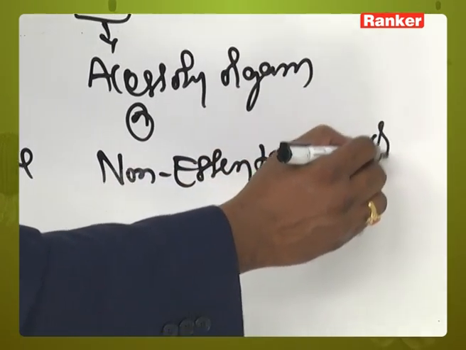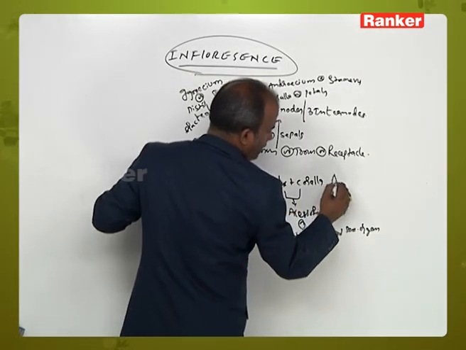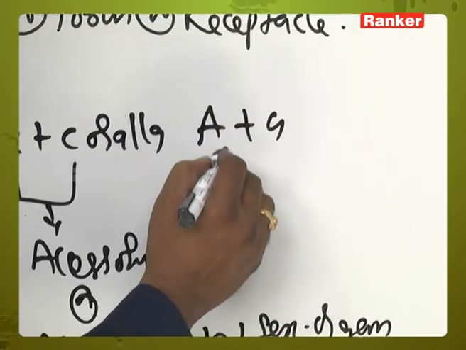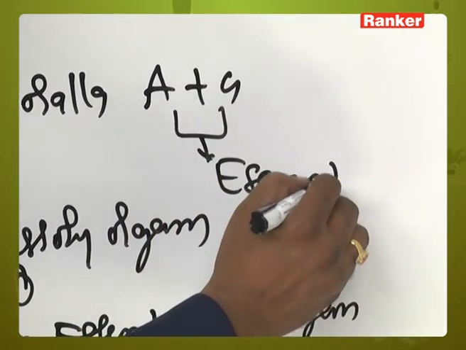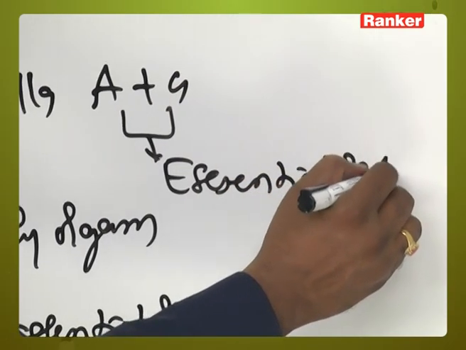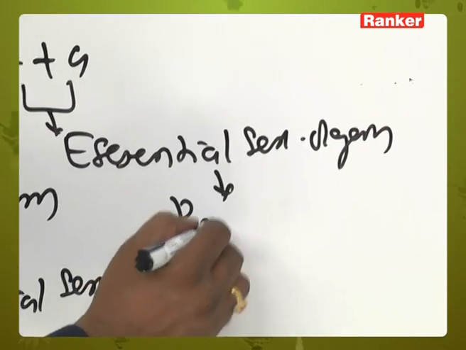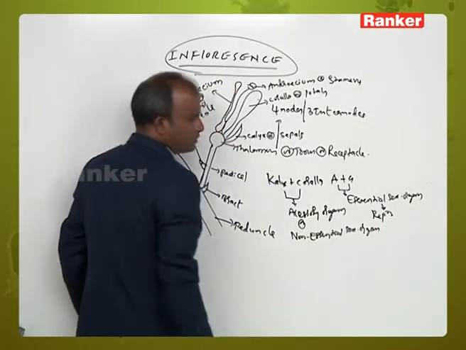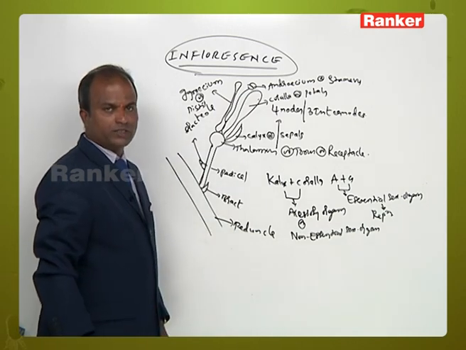And next, androecium plus gynoecium are called essential sex organs, which play an important role in reproduction.